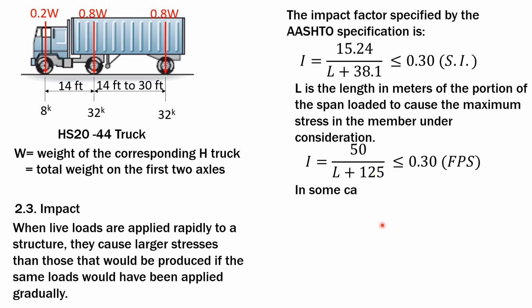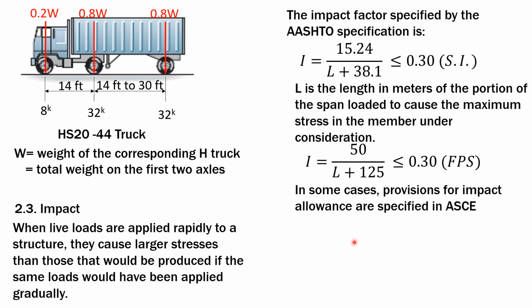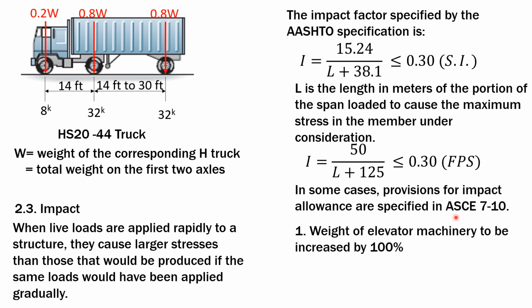And this is the English foot-pound-second system. In some cases, provisions for impact allowance are specified in the American Society of Civil Engineers ASCE 7-10. So just use the NSCP. In problem solving, please memorize just 15 over L plus 38.